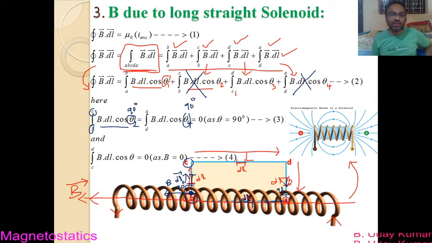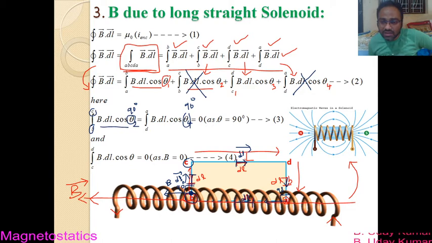So now what are the integrals that are left? There are only 2 integrals left now: the first one and the third one. So again go to the diagram. Now consider this C to D integral, that means the third integral. Along this path C to D, the line integral is directed towards right, but what you have to observe here is that there will not be any magnetic field present at a point just outside the solenoid.